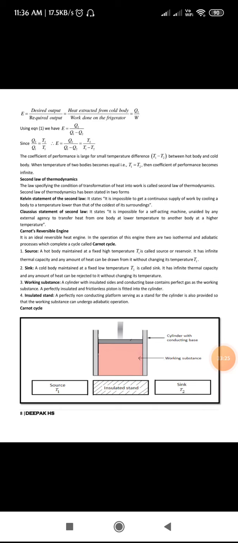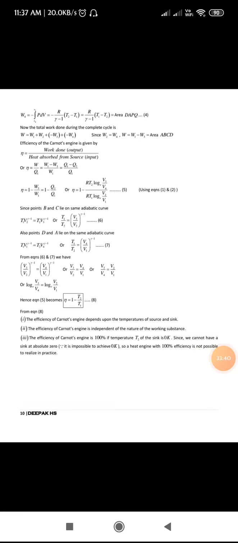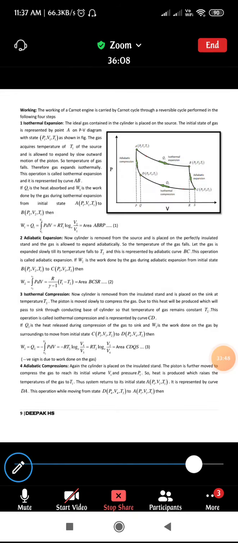Any one statement will be asked for 1 or 2 marks, either the Kelvin statement of the second law or the Clausius statement of the second law. Next, coming to the Carnot cycle, the working of the Carnot cycle is for 5 marks. You need to write till equation 8 if they ask in your examination, starting from here.